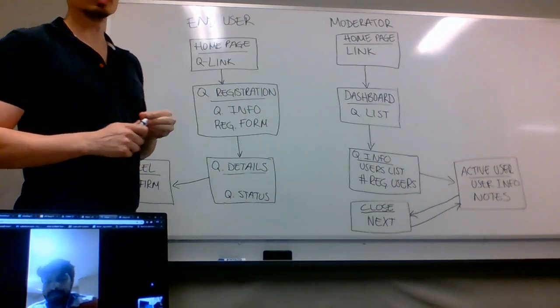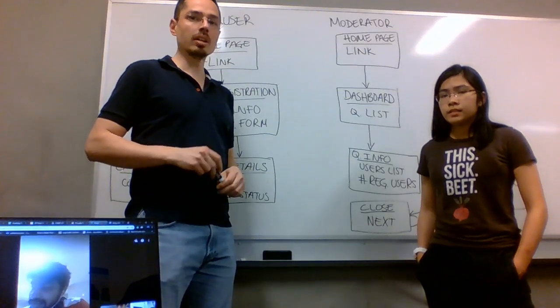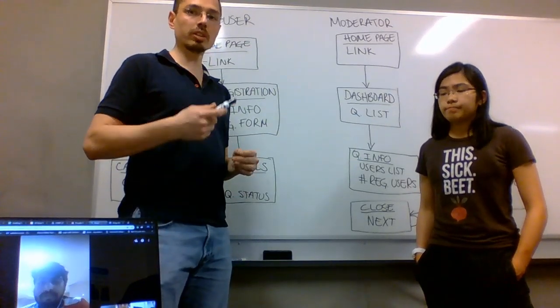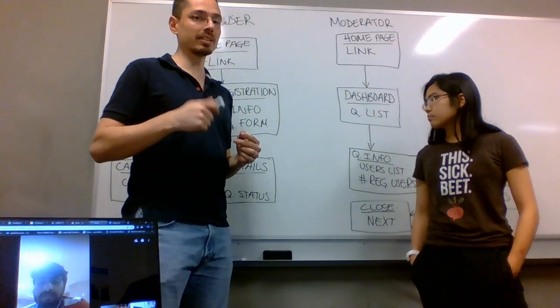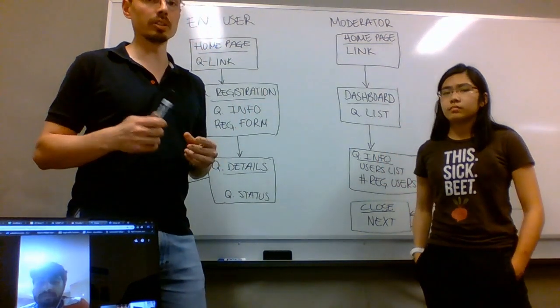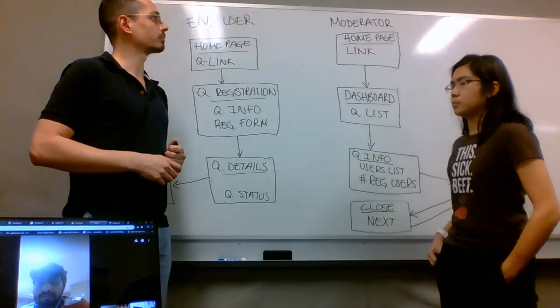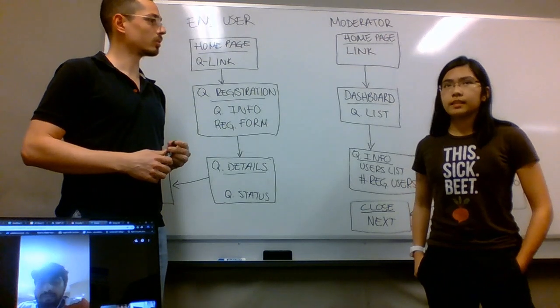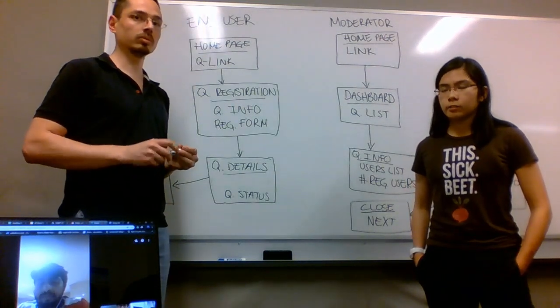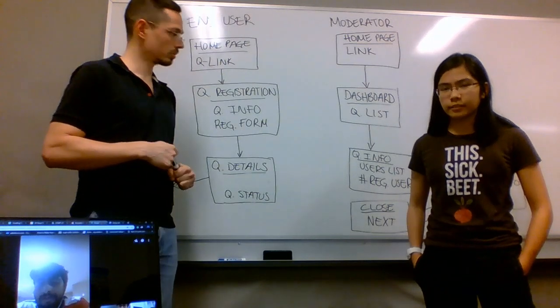moderator. All right, so before moving forward, we are gonna add something to the moderator because Angelica was suggesting a very important thing. In addition to all that we have for the moderator so far, I was thinking that we should also let the moderator be able to close registration for the queues.